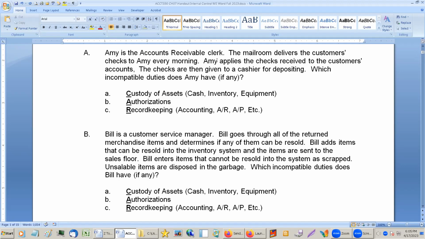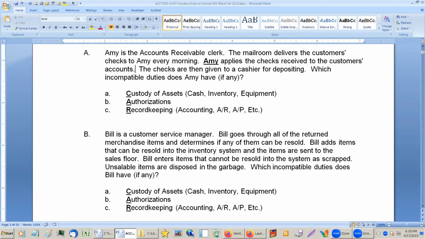All right. I'm sorry, change this to Amy if you would. We don't know what Mary did, but you've got to apply it. So Amy applies the checks to the customer's accounts.